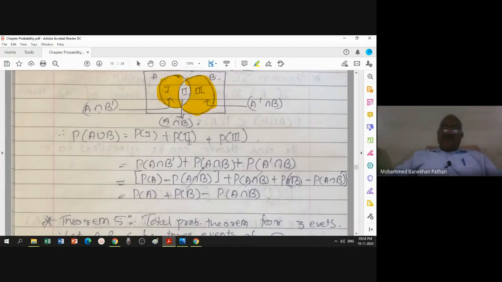No. This extra is coming in your circle, so I subtract minus P of A common B. Middle part as it is, plus P of A dash intersection B. That means I want this shaded part. So how did I write it? I wrote completely B, probability of B minus this middle part because I don't want this. So this is the answer.